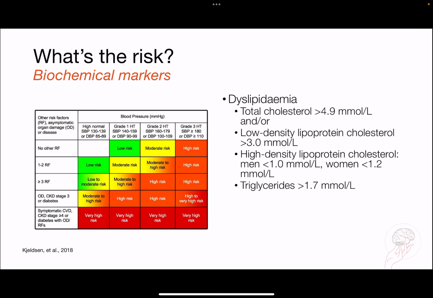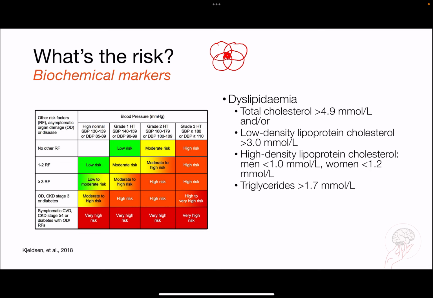So I mentioned high cholesterol. Well, if we look at the biochemical risk factors, dyslipidemia is a big one. And keep in mind that all of these risk factors cluster together. Often, if you have dyslipidemia, you're going to have obesity. You may also already have type 2 diabetes. And then you probably also have high blood pressure. And so that makes your risk for cardiovascular disease even greater.